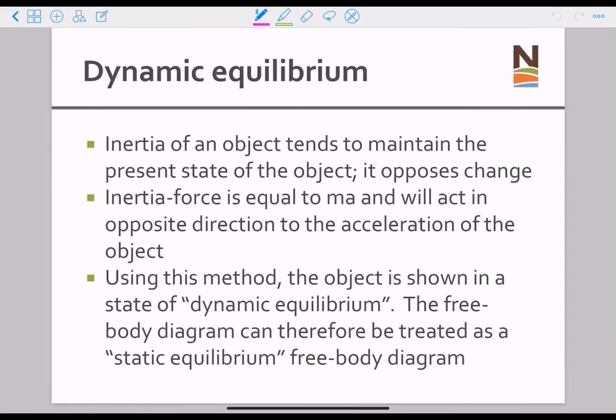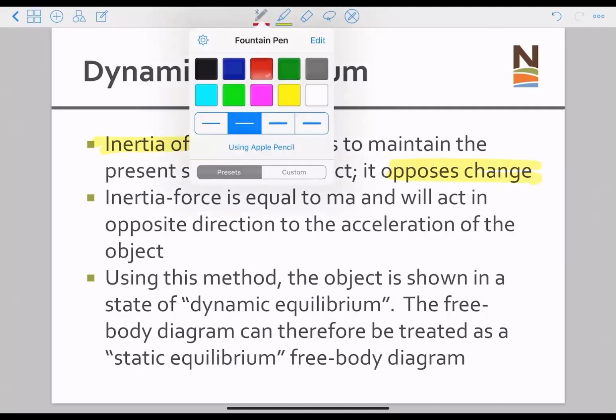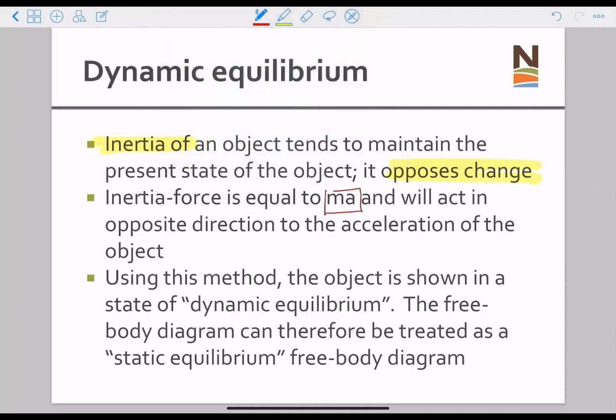So just as a summary for dynamic equilibrium, inertia of an object tends to maintain the present state of the object. It really does oppose the change. Okay, so inertia opposes the change. Inertia force is equal to ma. So that's not just ma, that is the term ma, when we're dealing with linear motion.